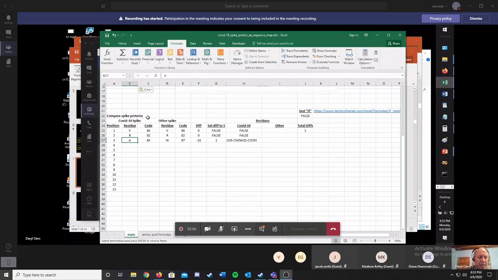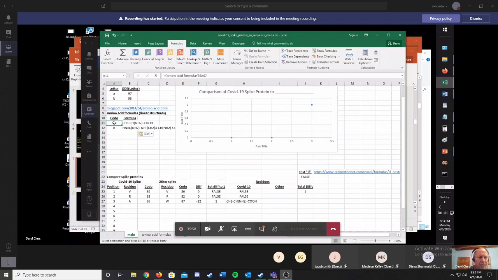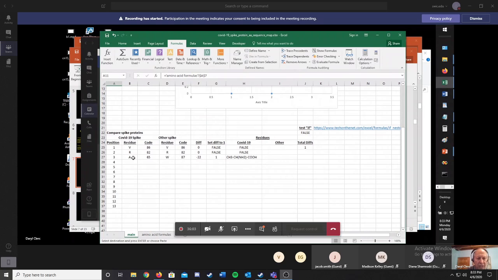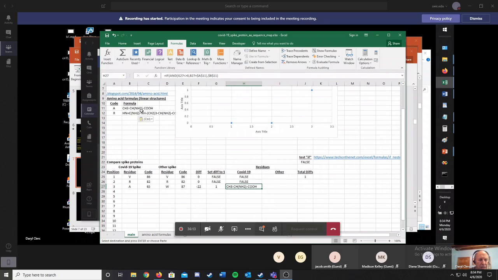B27 is an A. A11 is an A. So they are the same, so it comes up with a true condition, and then it puts the formula in, which is B11. B11's right here. So it basically put this formula in that position.